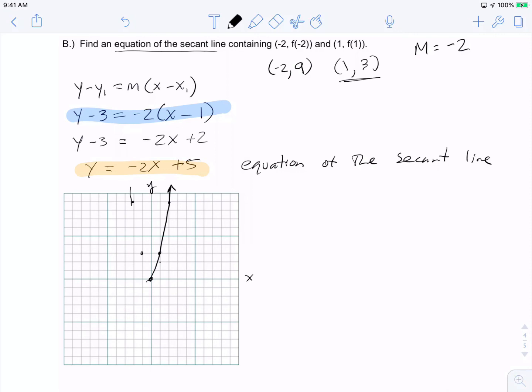Here is our parabola. The secant line, I'll do again in red. It was from (-2, 9) to (1, 3). That red line is the secant line, and the slope of that corresponding line is -2, and we know that the equation for that is -2x plus 5.